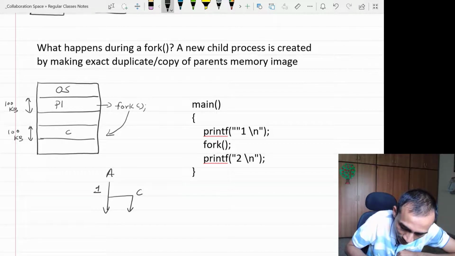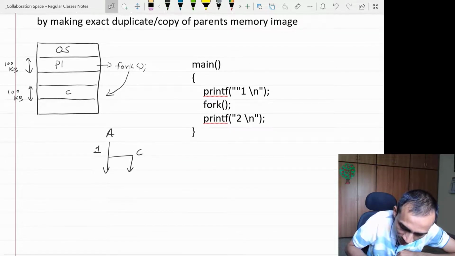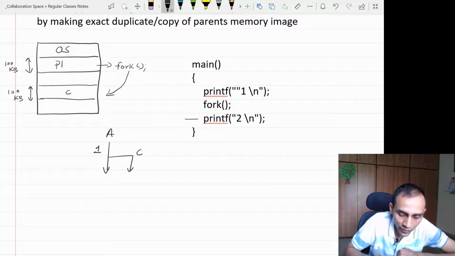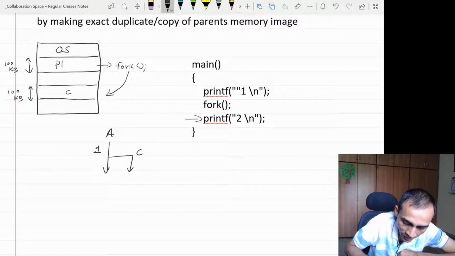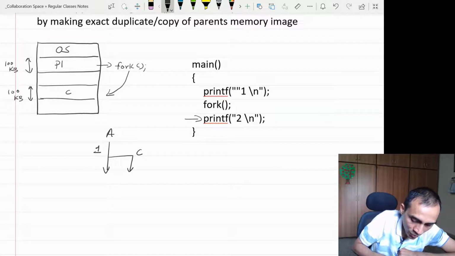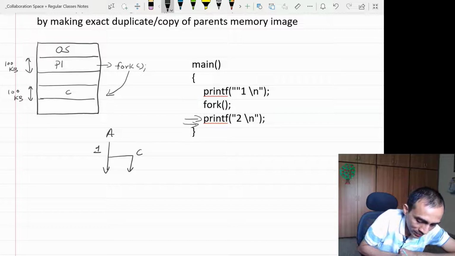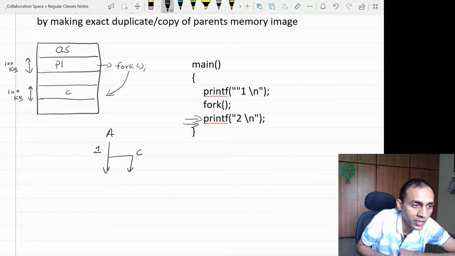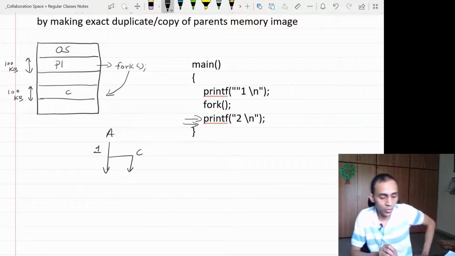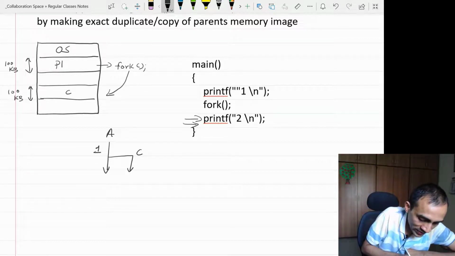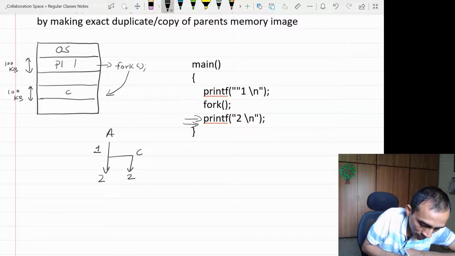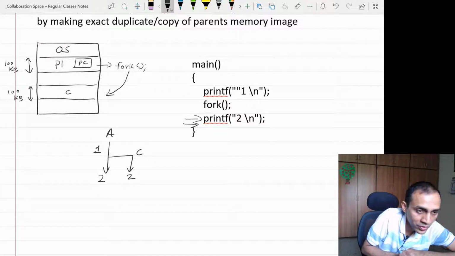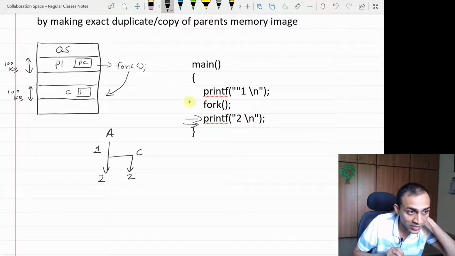When fork is called, another process, the child process, is created, which starts running from the same point, because it gets the exact code. As I said, the memory of that process will be copied. So it will get the exact code of process A, and even the program counter and all the register values. The program counter tells which is the next instruction to be executed.